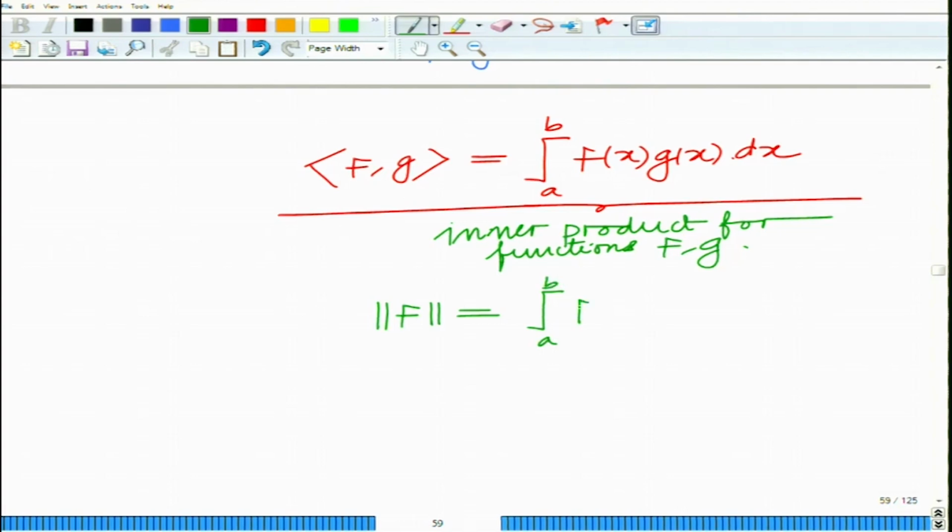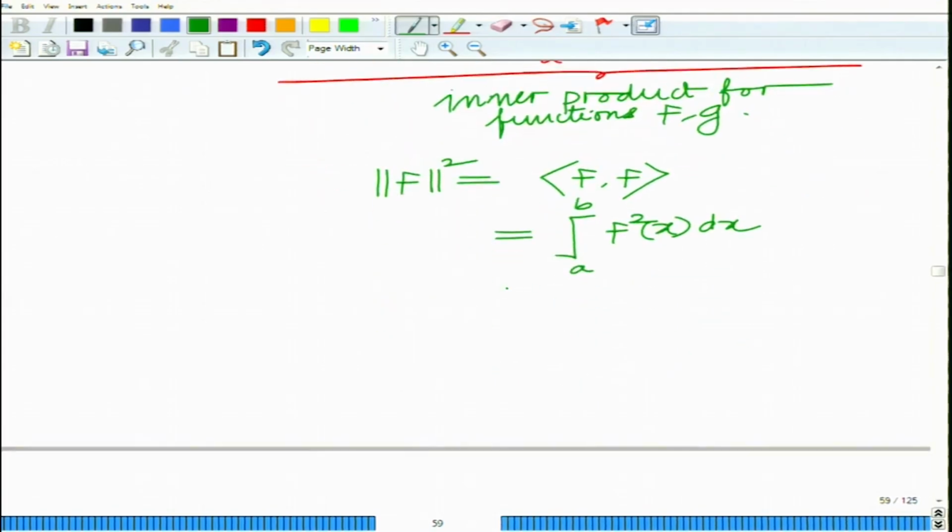the norm of f square, which is basically the inner product of f with itself, that is the integral on the interval a comma b of f square of x dx. This is nothing but the energy of the signal.